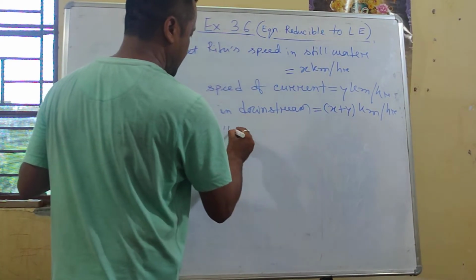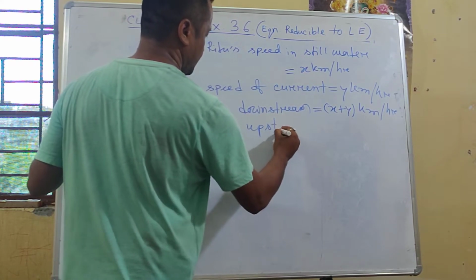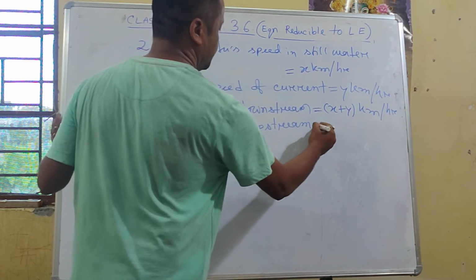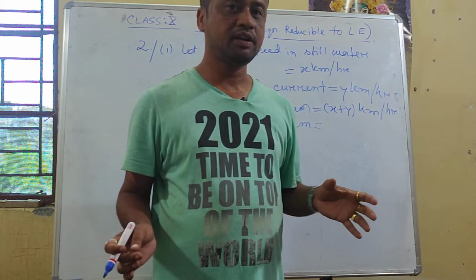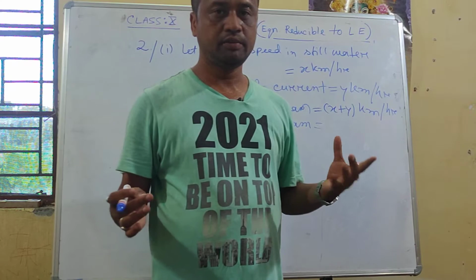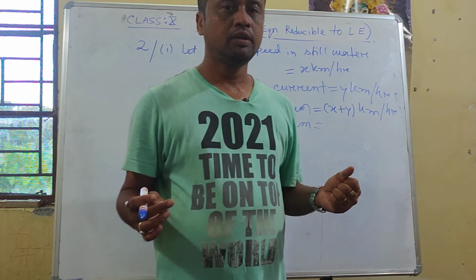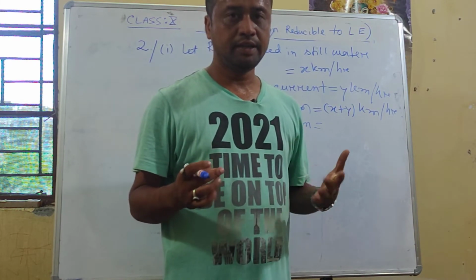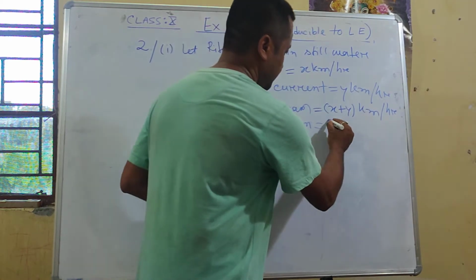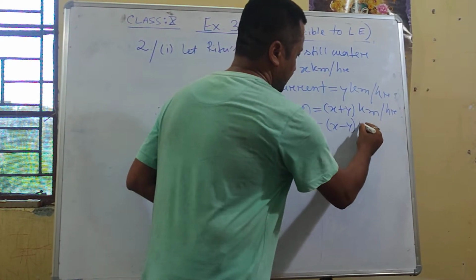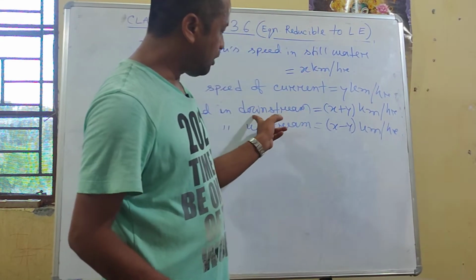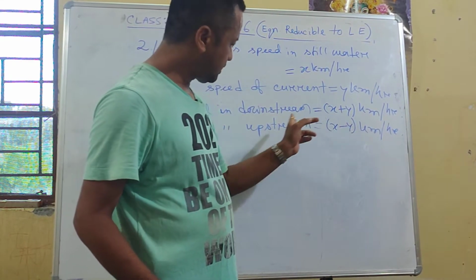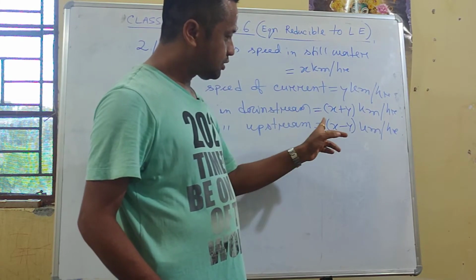Speed in upstream means against the force, so it will be less as compared to still water, so it will be minus, x minus y kilometer per hour. So it is important: in downstream it is more, so it is plus; in upstream it is less, so it is minus.